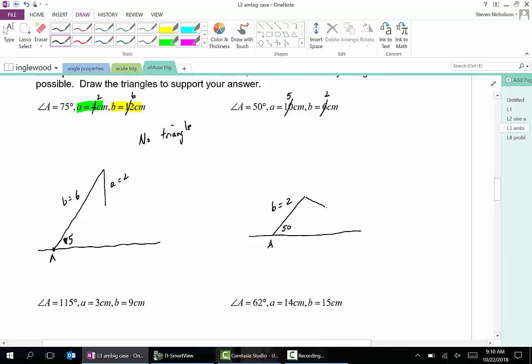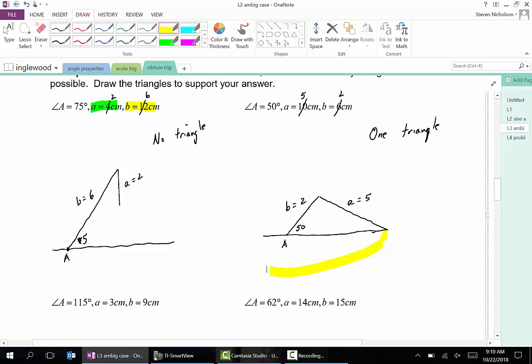The only triangle I can make where the other side is equal to 5 is that one right there. And I get one triangle. And again, I could actually swing this one on the other side, but we said we have to keep to the right-hand side all the time. So again, there's physically only one triangle we can draw.